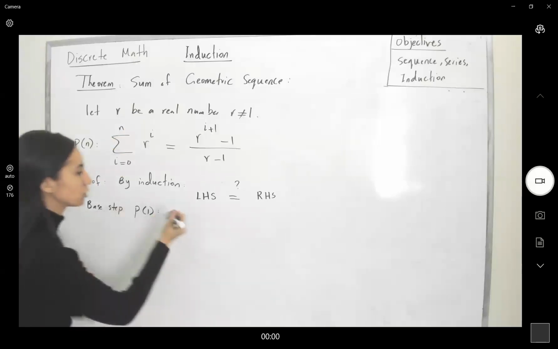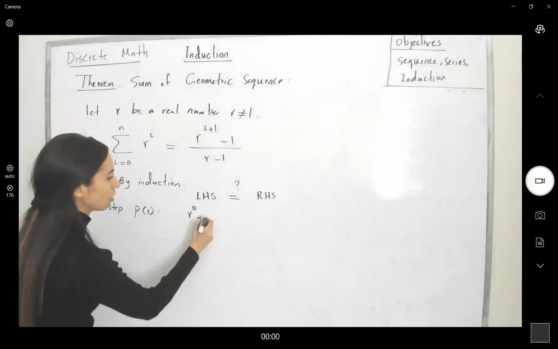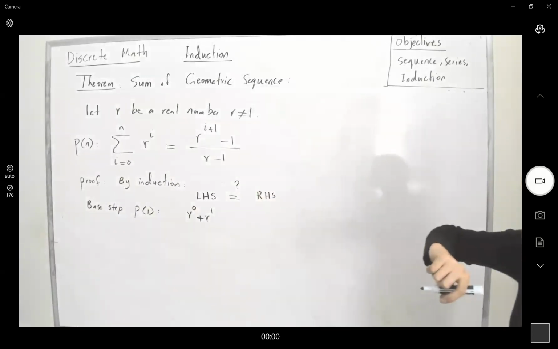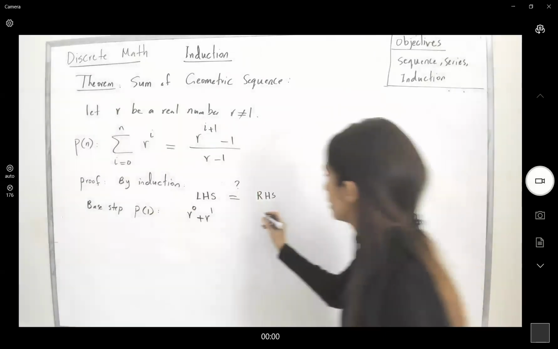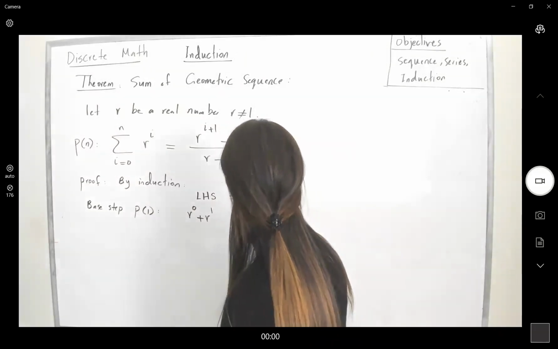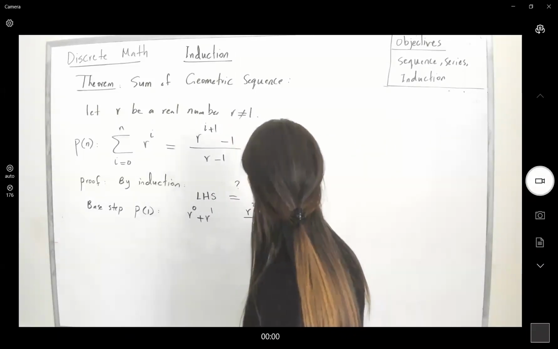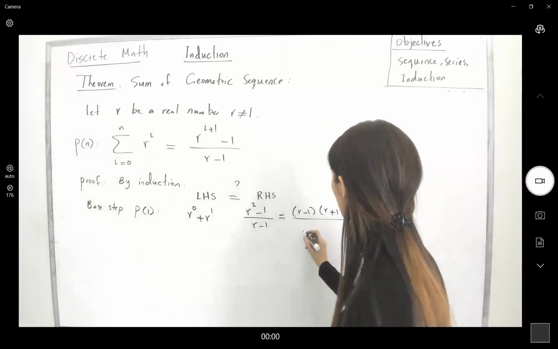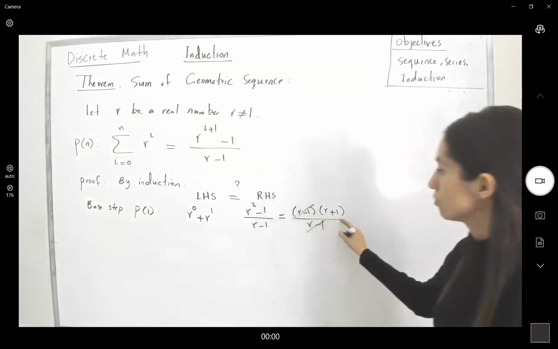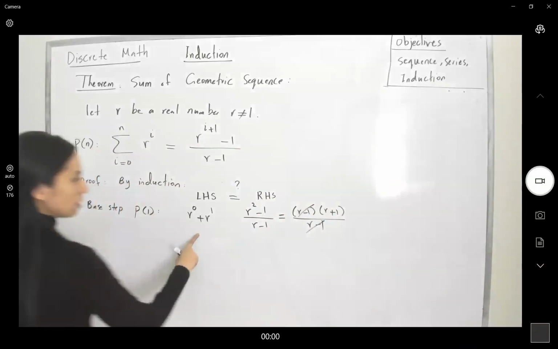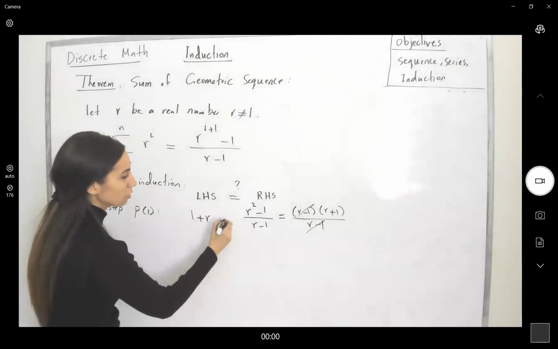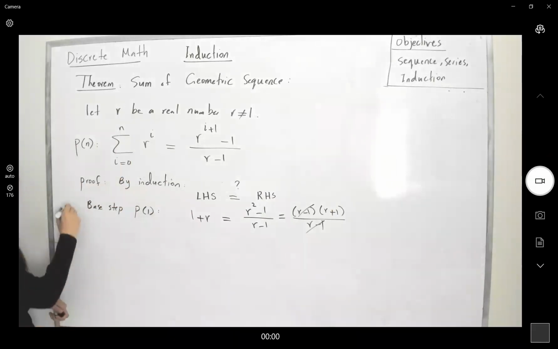You get r to 0 plus r to the first power on the left-hand side, and on the right-hand side, r squared minus 1 divided by r minus 1, which is (r minus 1) times (r plus 1) divided by (r minus 1), which is equal to r plus 1. On the left, r to the power 0 is 1, so you get 1 plus r equals r plus 1. So our base step is true.